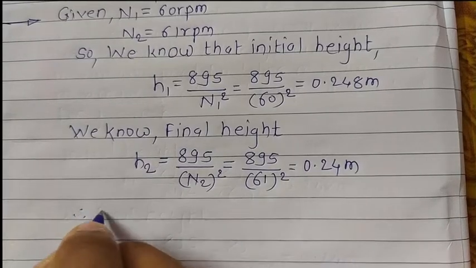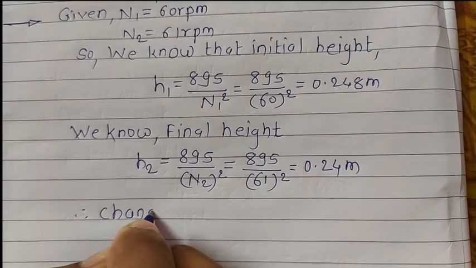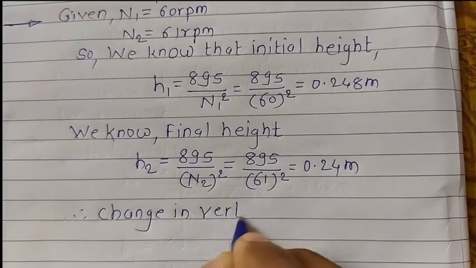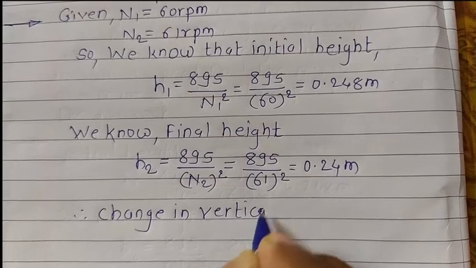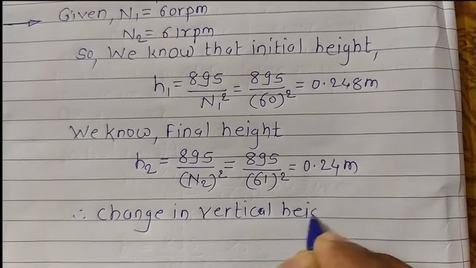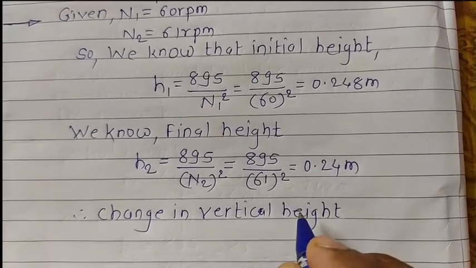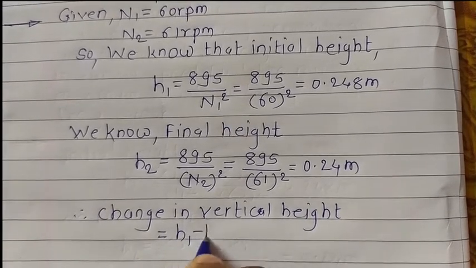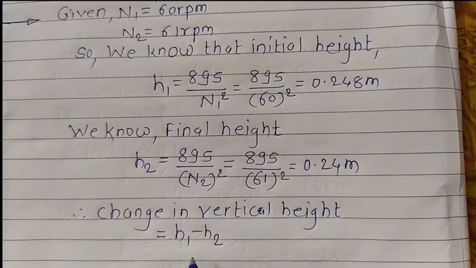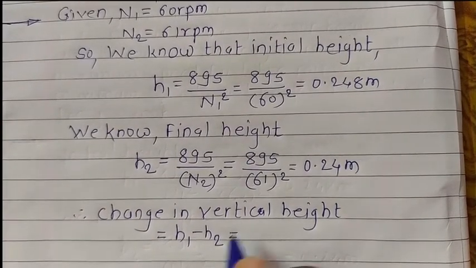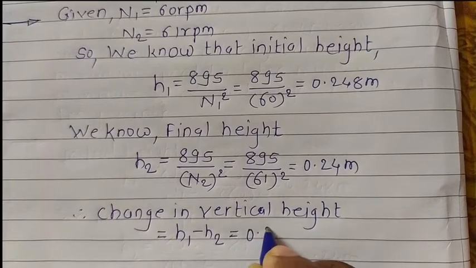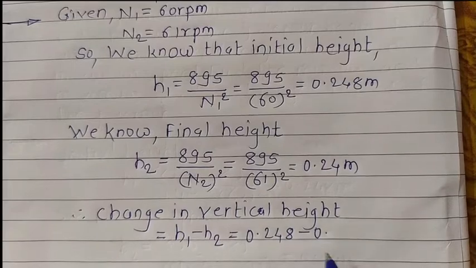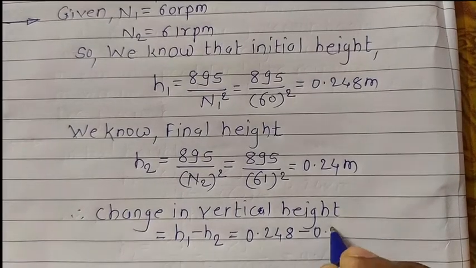Therefore, the change in vertical height can be simplified like this. H1 minus H2 equals, so the value of H1 with us is 0.0248, minus H2 with us 0.24, so substitute here.